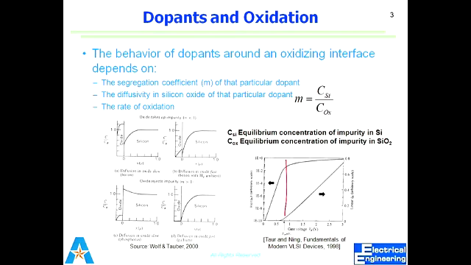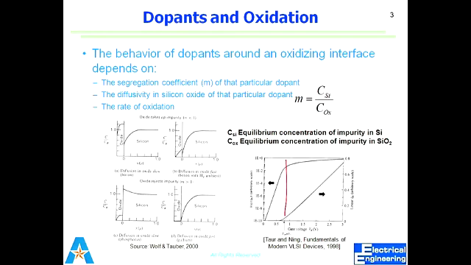If a dopant has M greater than 1, its equilibrium concentration is higher in silicon as compared to silicon dioxide. This is the case for phosphorus and gallium, where M is greater than 1, while for boron M is less than 1. Every dopant has its specific segregation coefficient.